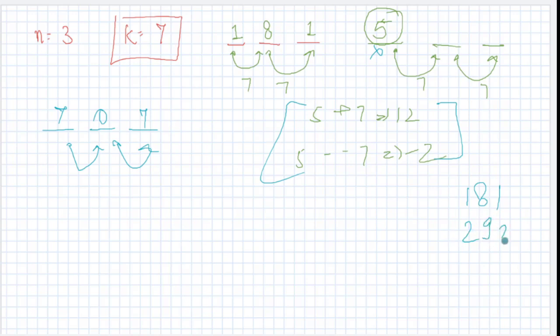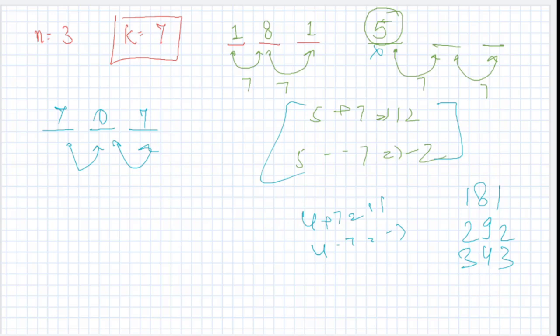Somewhere your answers could be 181, and your answer could be 292, adding and then subtracting. Then it could be 343 also. Again, if you take 4, the same condition pops up. 4 plus 7 is 11, 4 minus 7 is negative, so let's avoid this.